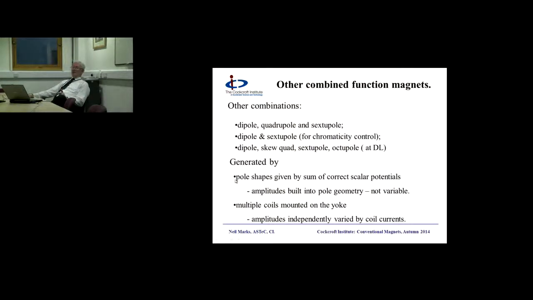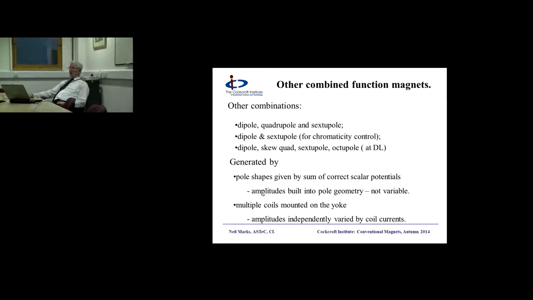But it was different to the magnets that you've just seen, because you can generate these combined function magnets the way that we've just described by having poles shaped to give the sum of the correct scalar potentials. And they're the ones that we've just been looking at on the previous slide.